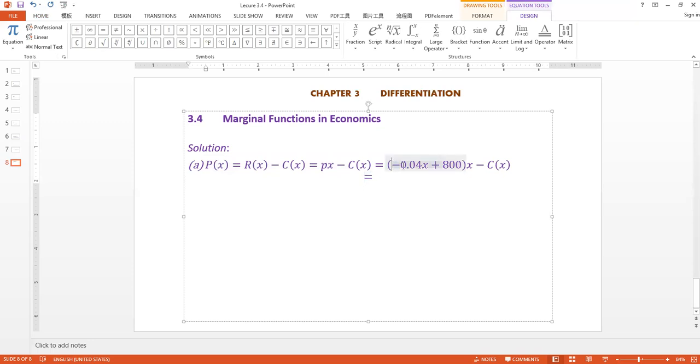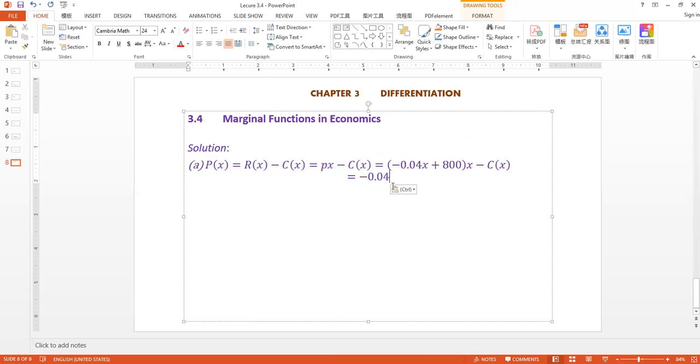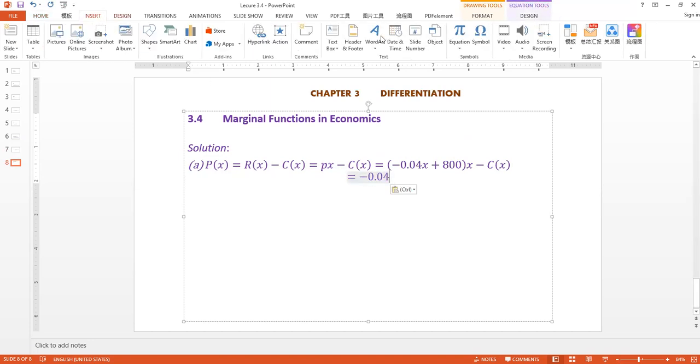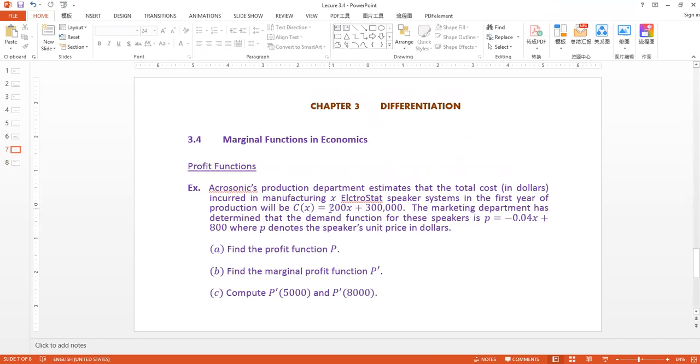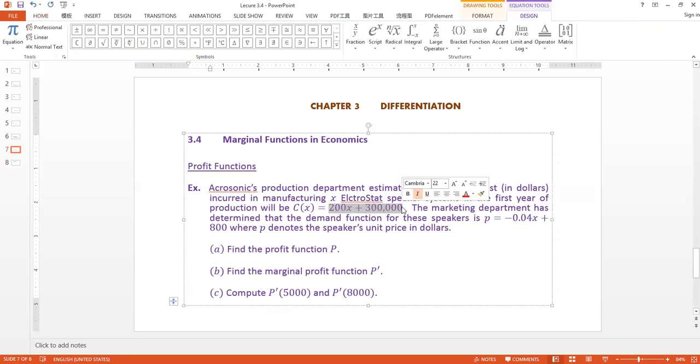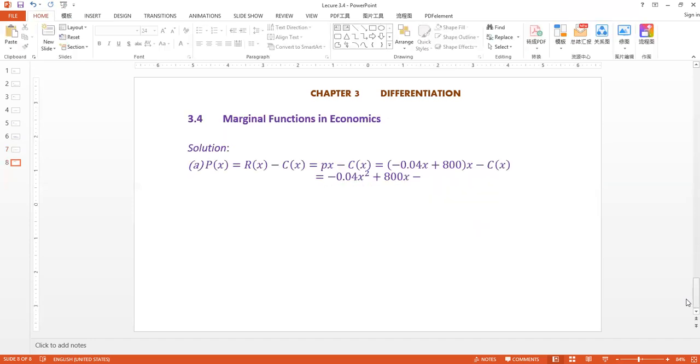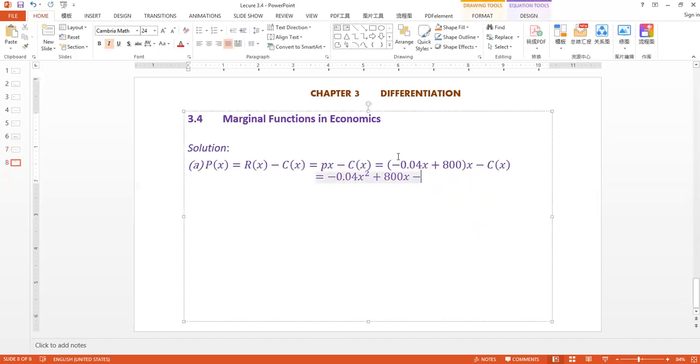So we get negative 0.04x squared, and plus 800x, the second term, and then subtract the total cost C, which is 200x plus 300,000.